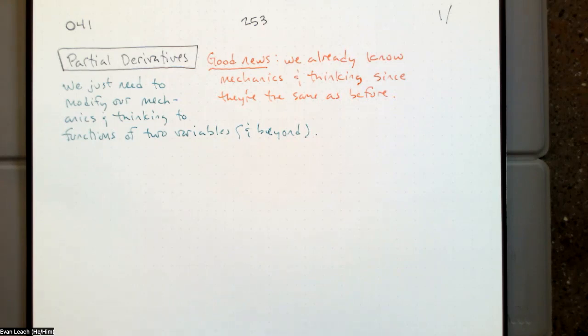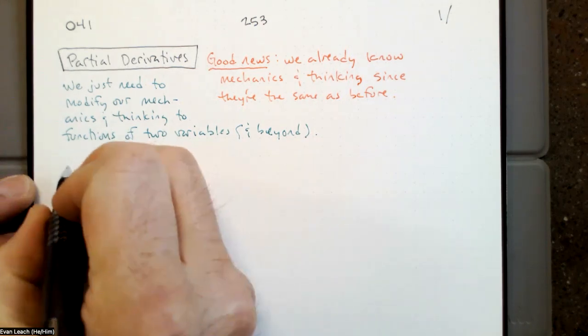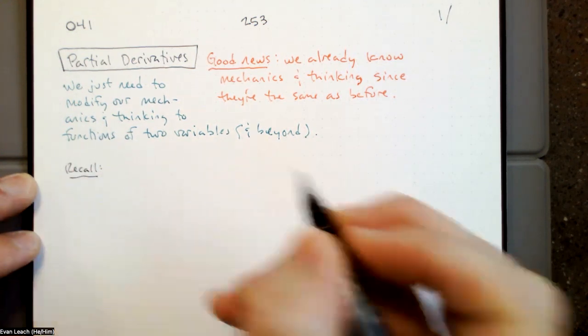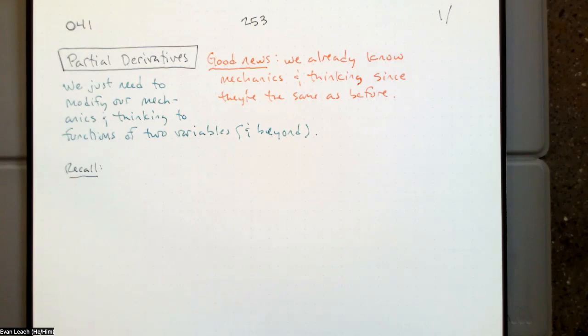We just need to modify it to cover surfaces and so on. So if you would recall, when we had derivatives in Calc 1, we were trying to find the slope of a line tangent to a curve at a given point.